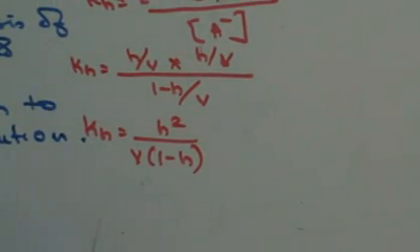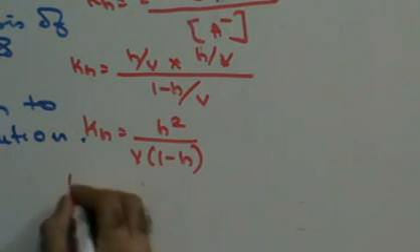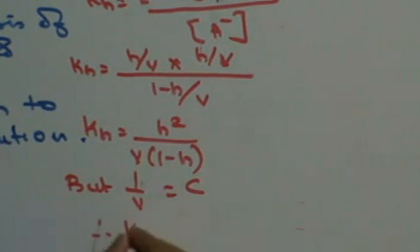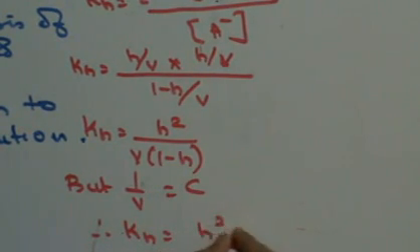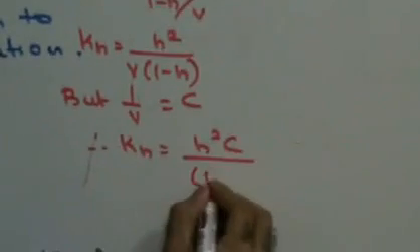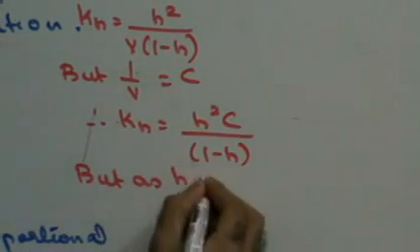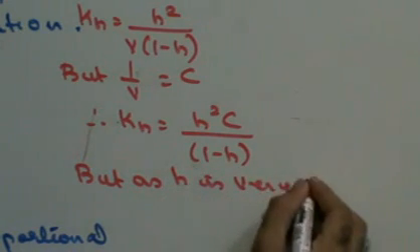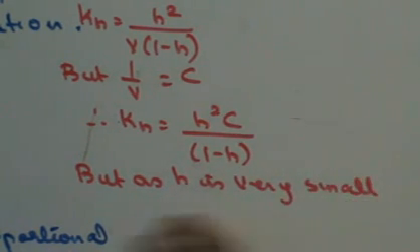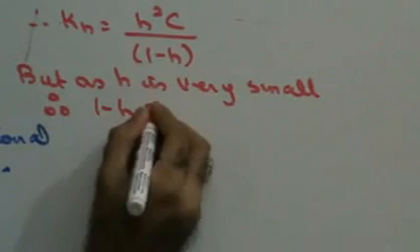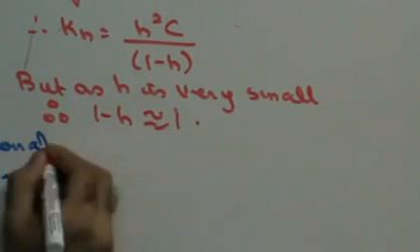Right? Now I can say, but 1 upon V is concentration. Therefore I can say KH is equal to H square C upon 1 minus H. But as H is very small, 1 minus H is approximately equal to 1.